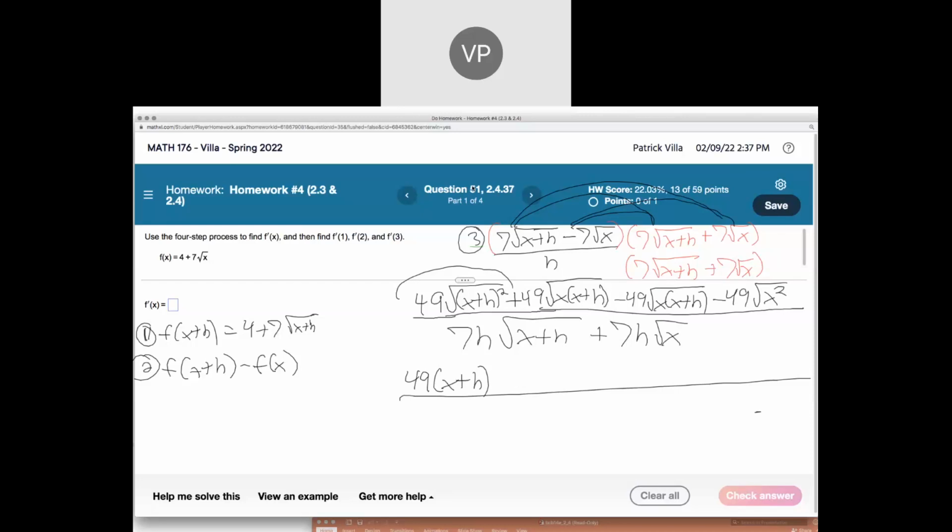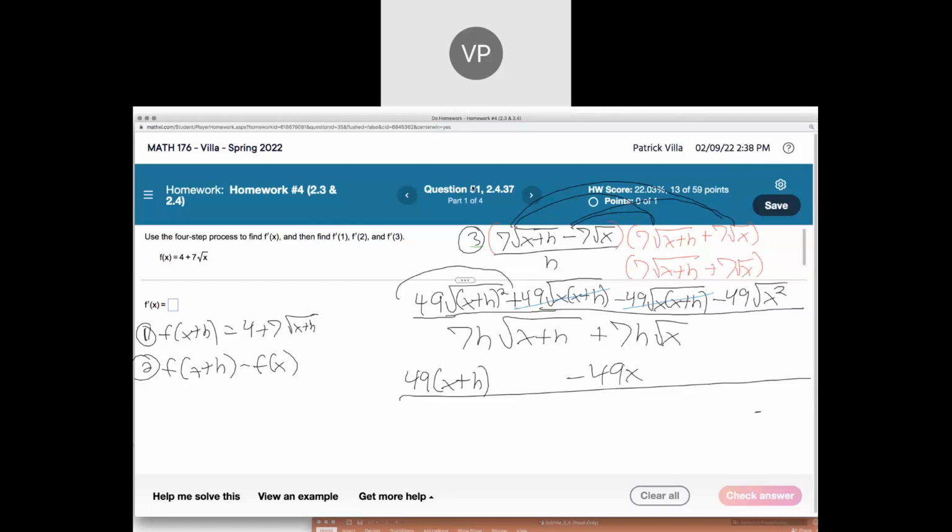In the next two terms, you'll see that these are identical because it was the difference of two squares, because it was the conjugate, they're always going to cancel off. And last we get this minus 49x for that.